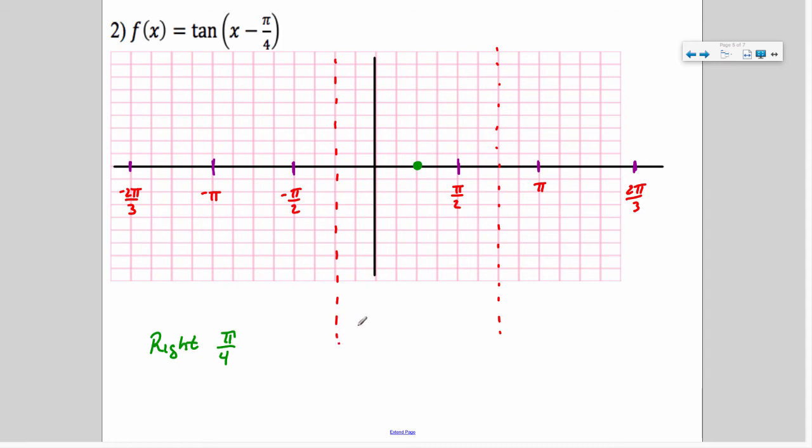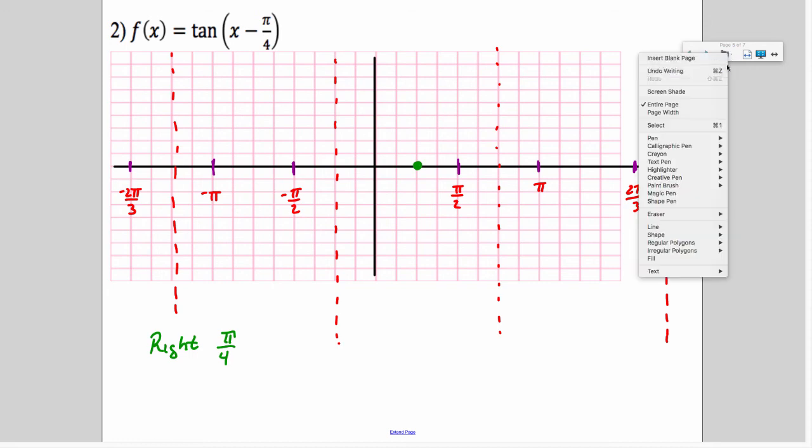And then we said it happens every 180 degrees. So that means, wow, we have another one all the way out over here, pi over 4 past that tick mark. Then when we work our way backwards, we have another asymptote over here.